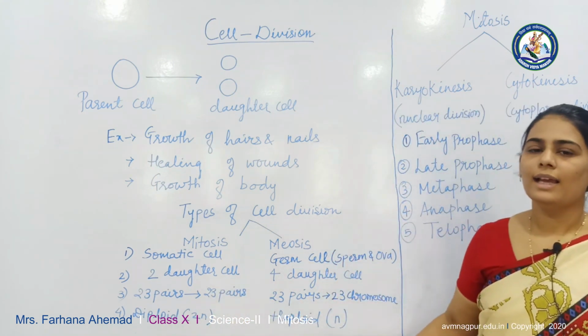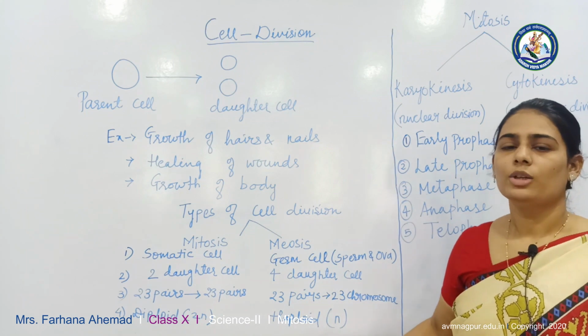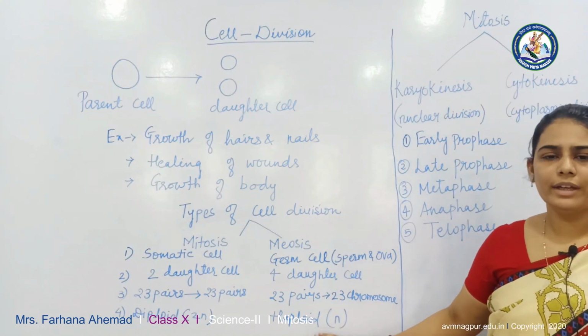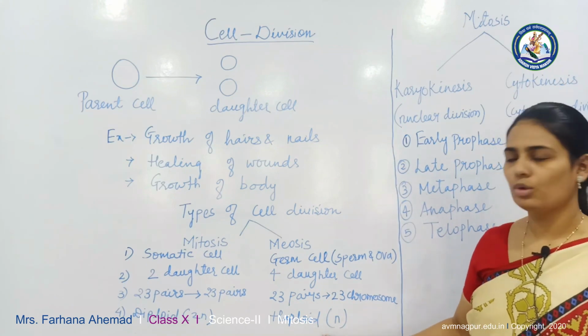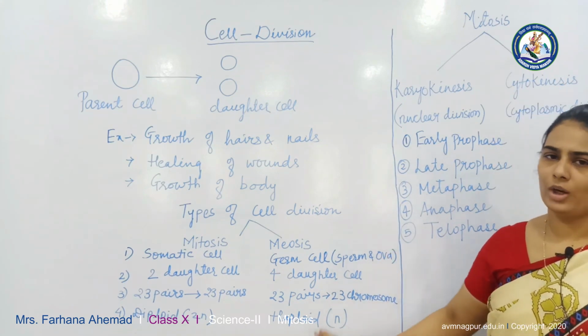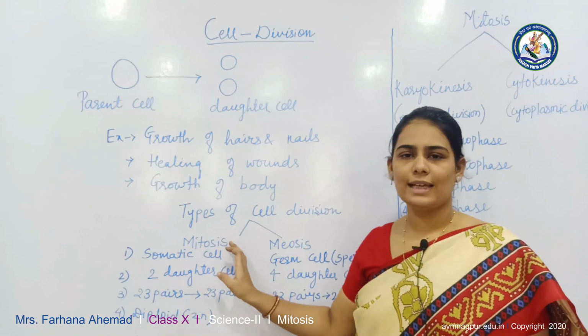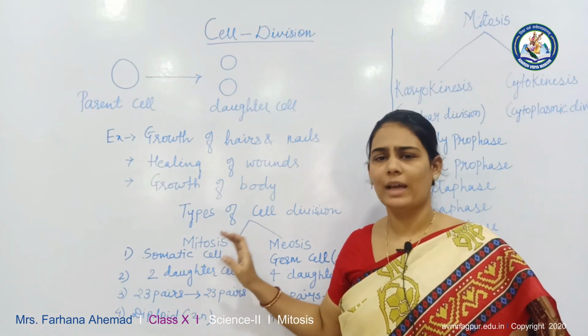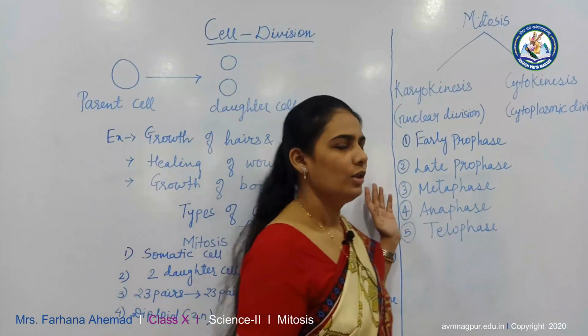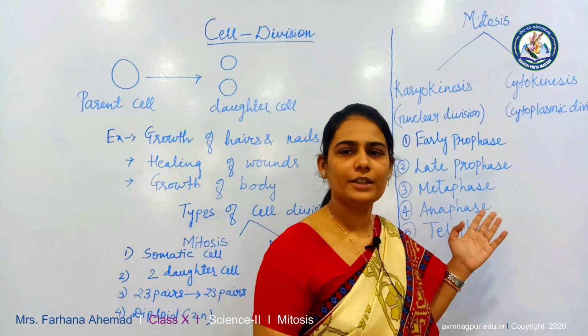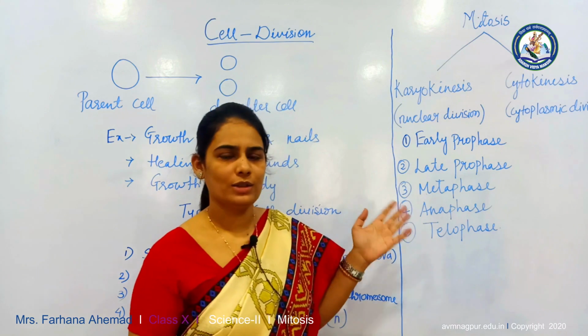But a cell having only 23 chromosomes is called a haploid cell. So sperm and ova are haploid cells, and somatic cells, that is, our body cells from head to toe, are known as diploid cells.